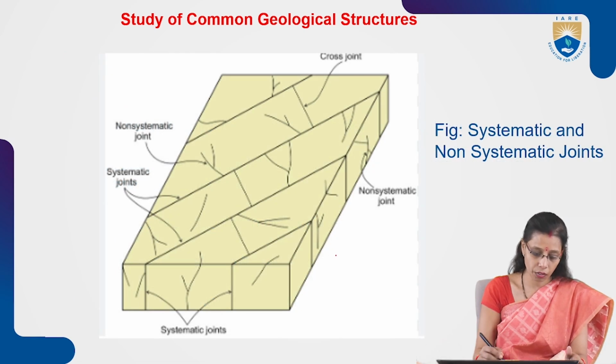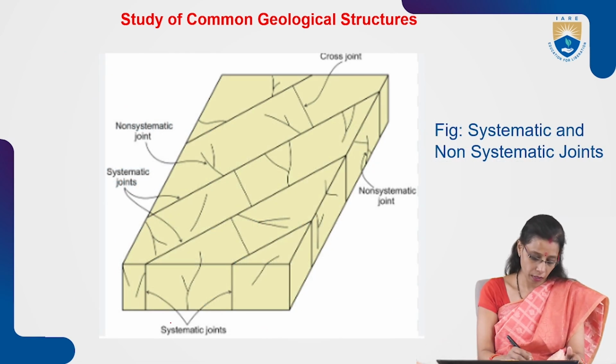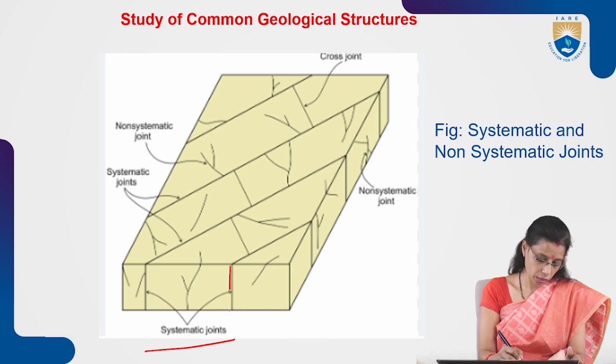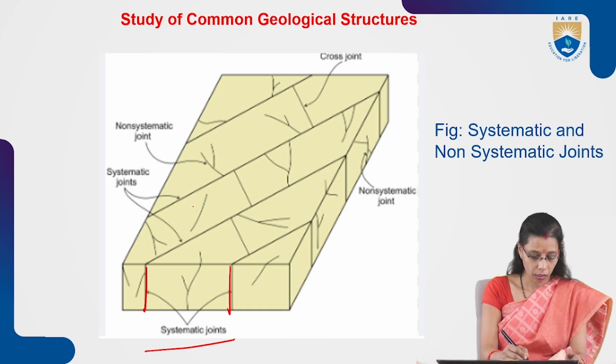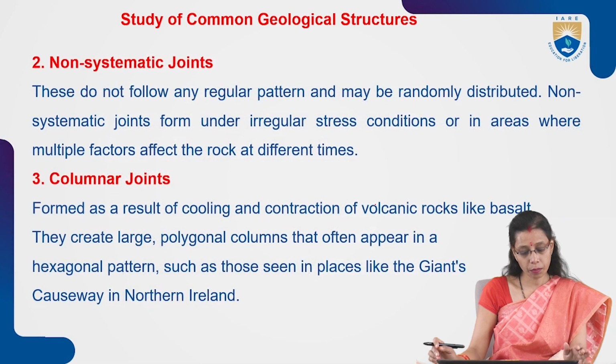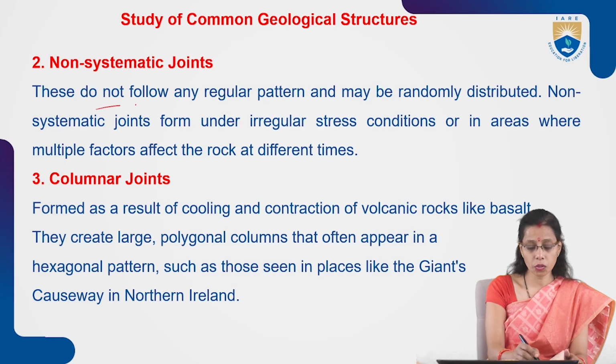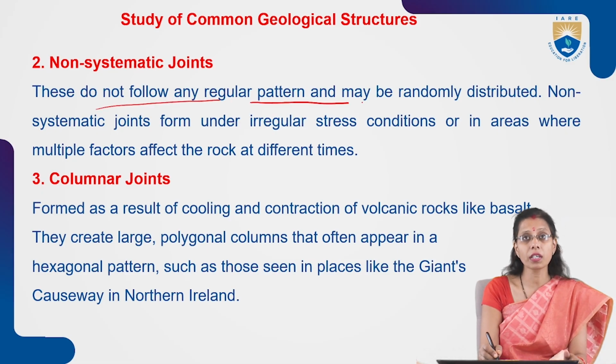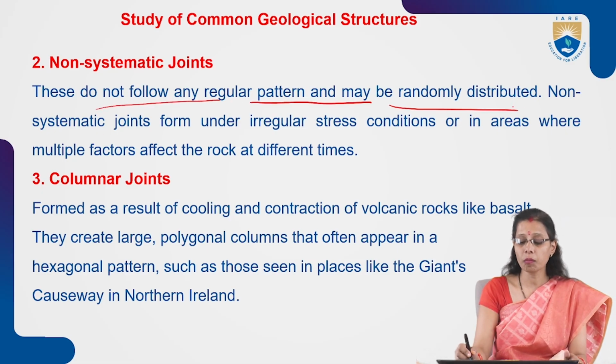Now in this picture you can see the systematic joints, and these are the non-systematic joints. Non-systematic joints do not follow any regular pattern and may be randomly distributed.